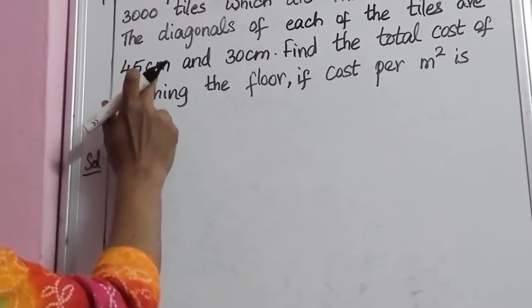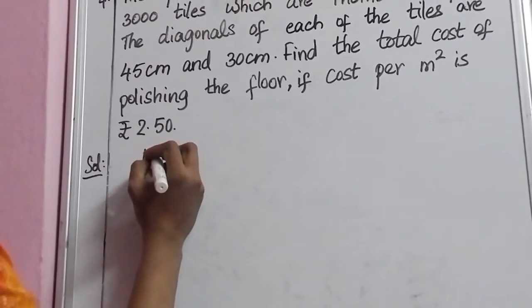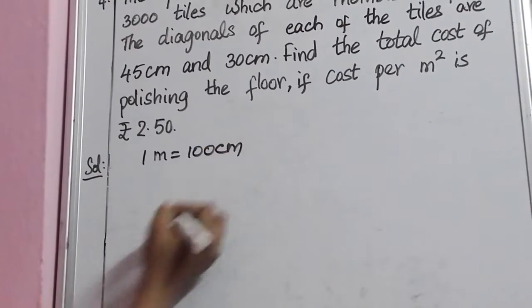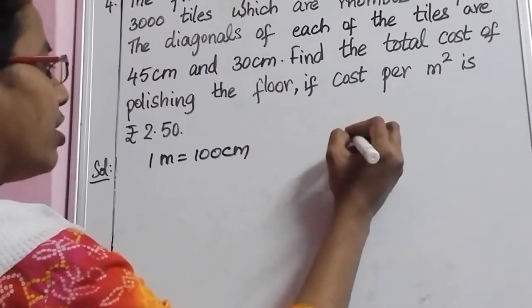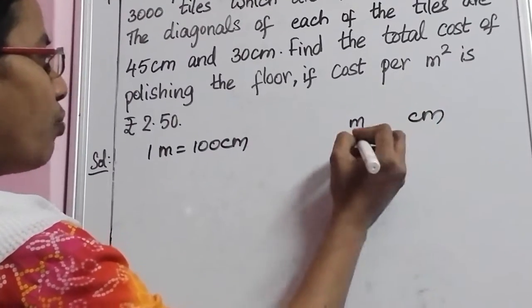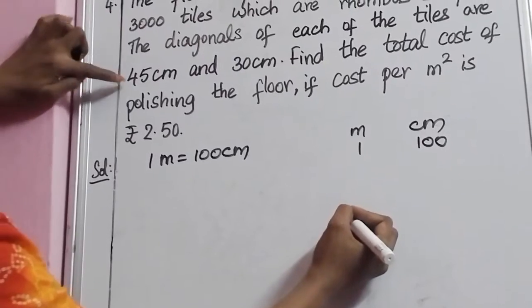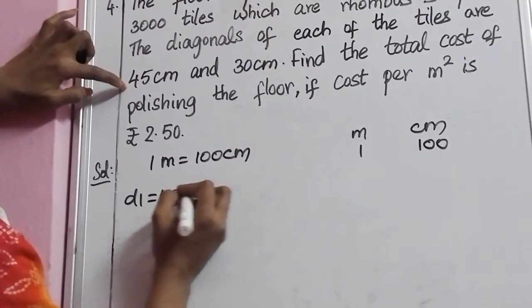So let's convert these centimeters to meters. You know that 1 meter is equal to 100 centimeters. So here for D1 it is given as 45 centimeters.